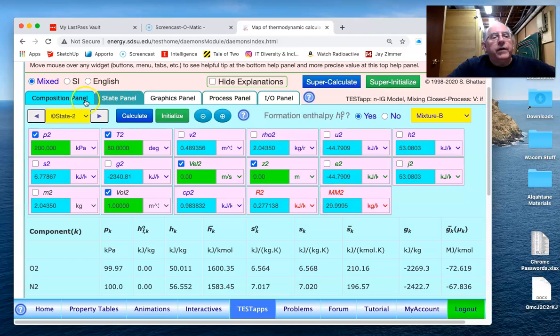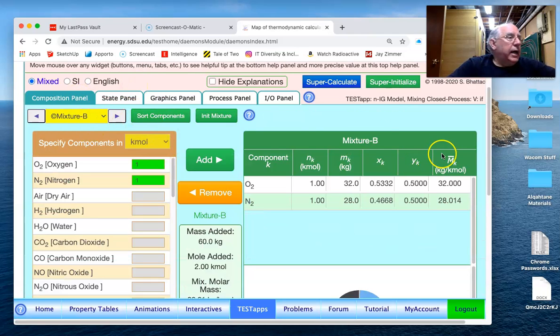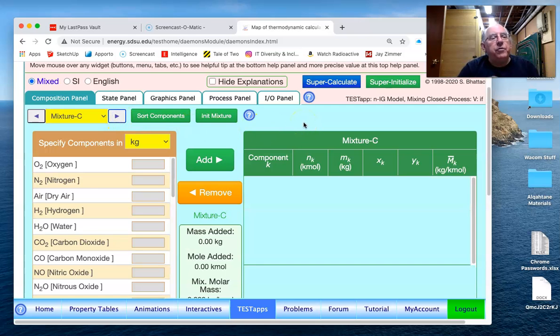And so the next thing we need to do then is to build up our mixture C. And again, mixture C is after we open up the valve, we're going to allow all of the gases to intermix, but we need to now say that mixture C consists of a certain amount of each of these components. And so the way that we're going to do this is we're going to put them in as kilograms. We're going to make up this mixture in mass units.